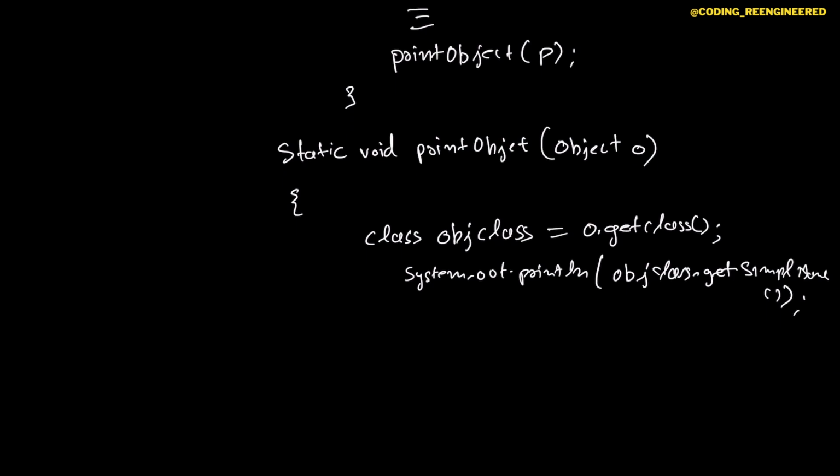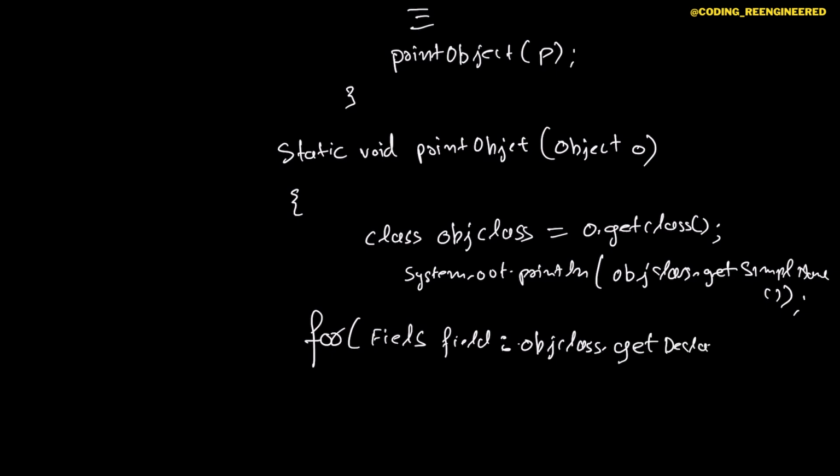Now, how do you reference the fields that are available within the object of the class that has been sent? Let's do a for loop over each field in objClass, using the method we discussed, getDeclaredFields.